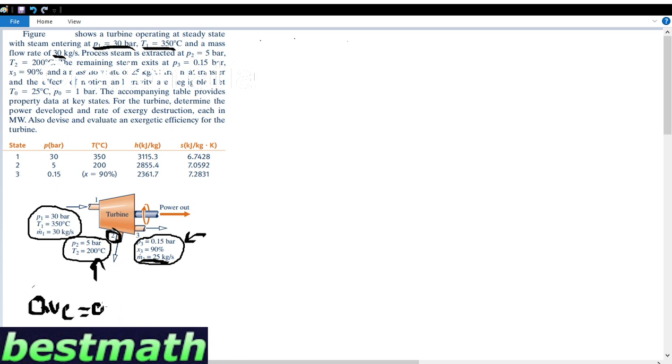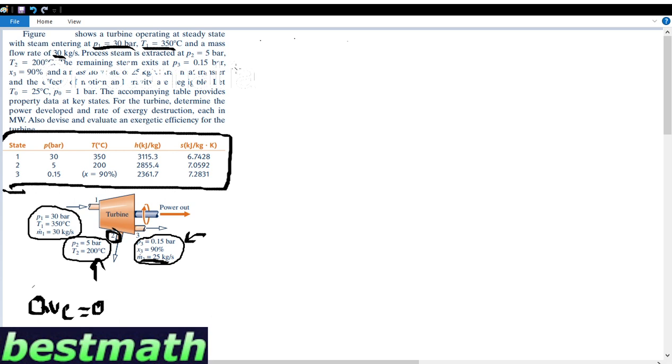Let T0 equals 25 degrees Celsius, P0 equals 1 bar. The accompanying table provides property data at key states. For the turbine, determine the power developed and rate of exergy destruction, each in MW. Also devise and evaluate an exergetic efficiency for the turbine.